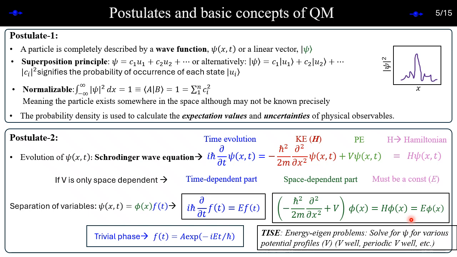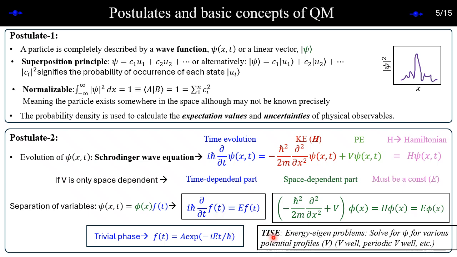Now it is very simple. This Schrodinger equation was a bit complicated, but you can simplify it. This is the bottom line. One is a time dependent part and another is a space dependent part. The time dependent part gives you the trivial phase.